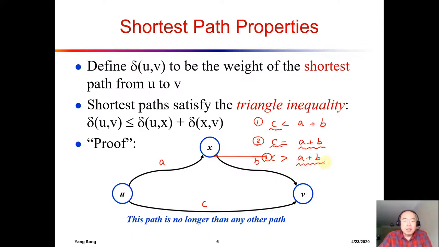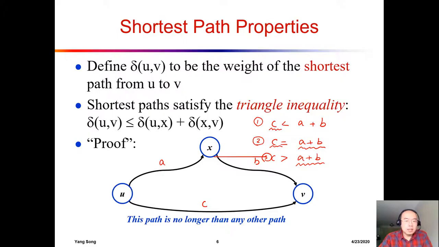So, depending on which case we are in, delta UV will always be the smaller value between C and the sum of A plus B. But anyhow, this property is guaranteed. So the shortest path between U and V will be either equal to the delta of UX plus XV, or smaller than it.